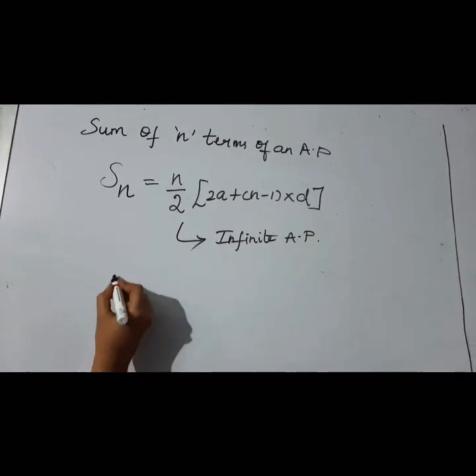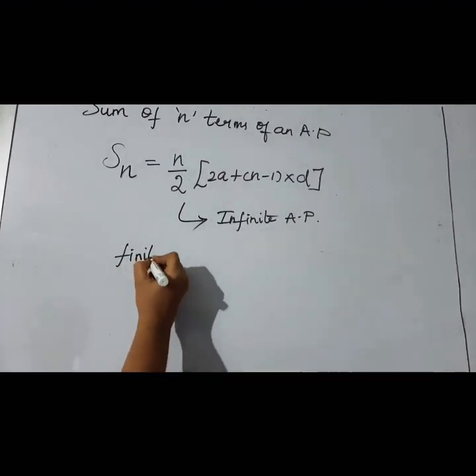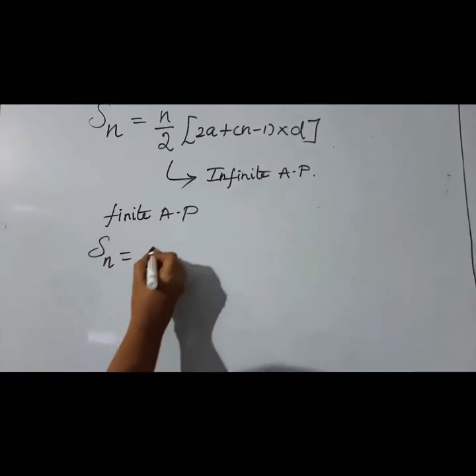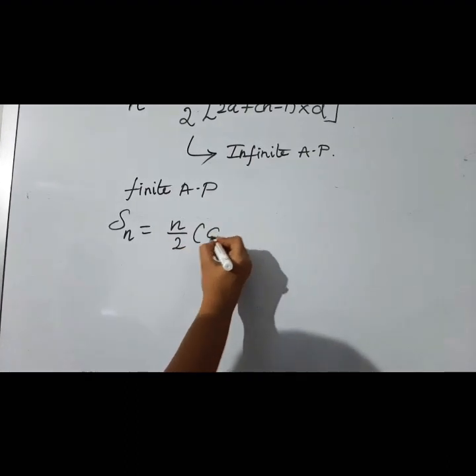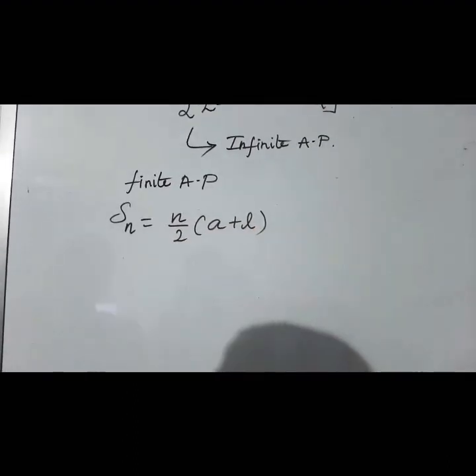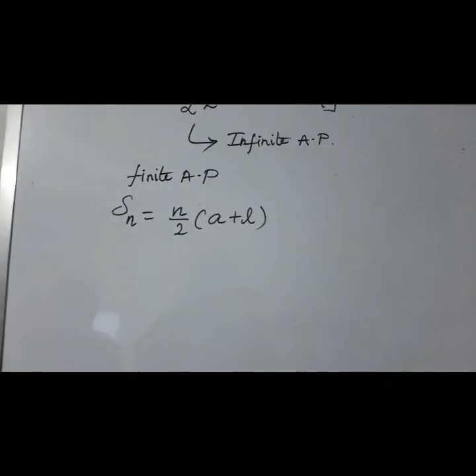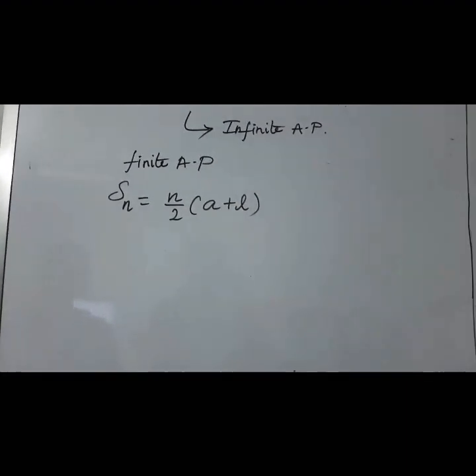There is another formula for finite AP also. The formula for finite AP is Sn is equal to n by 2 into (a + l). So n is as usual the number of terms in an AP. a is the first term. And what is this l?